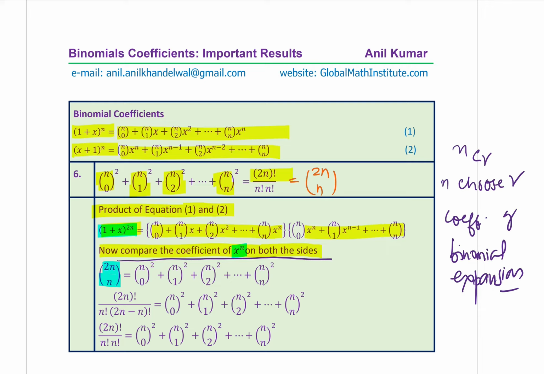So one definitely is this multiplied with the first term, right? So what you get here is nC0 whole square, right? This is what x to the power of n will be. So let me just connect them like this.